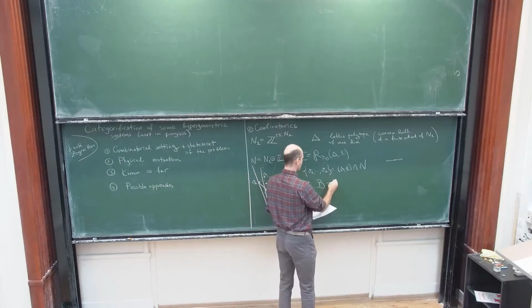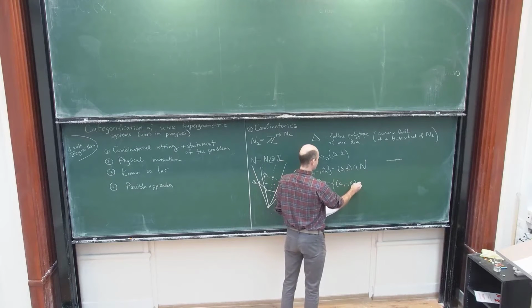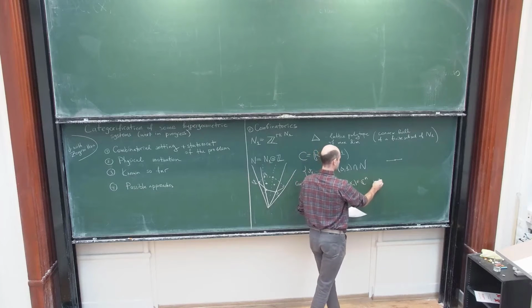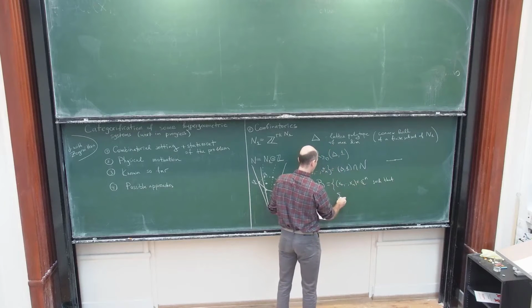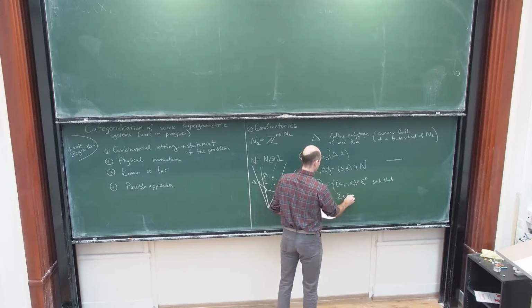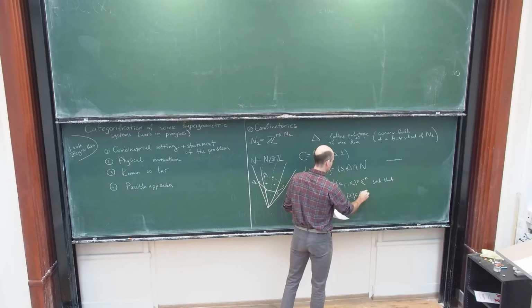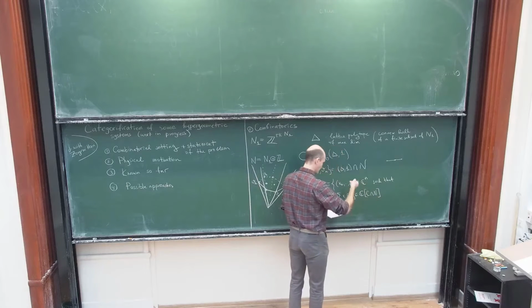And it's the set of n-tuples of complex numbers such that if you look at a degree 1 element in the semigroup ring of the cone intersect with the lattice.